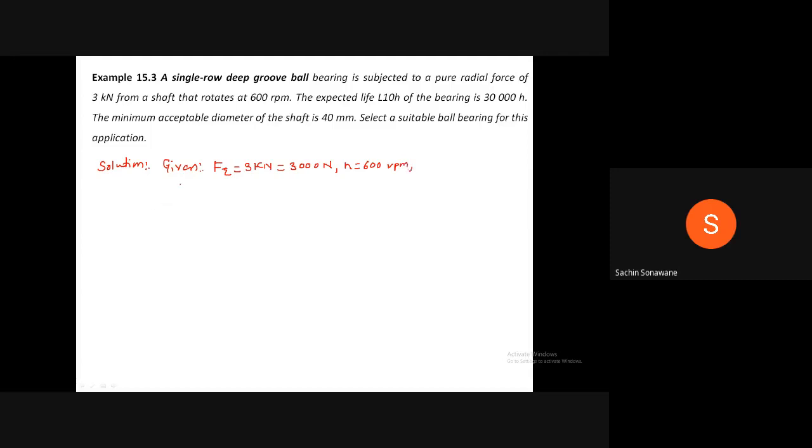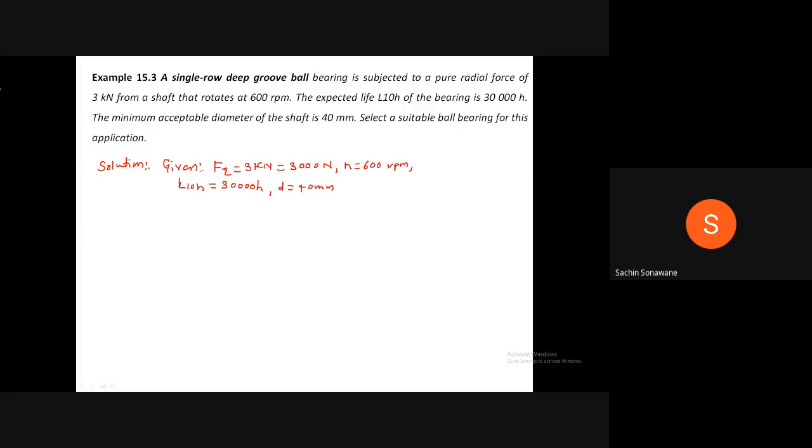Then L10H is equal to 30,000 hours, and shaft diameter d is equal to 40 mm.